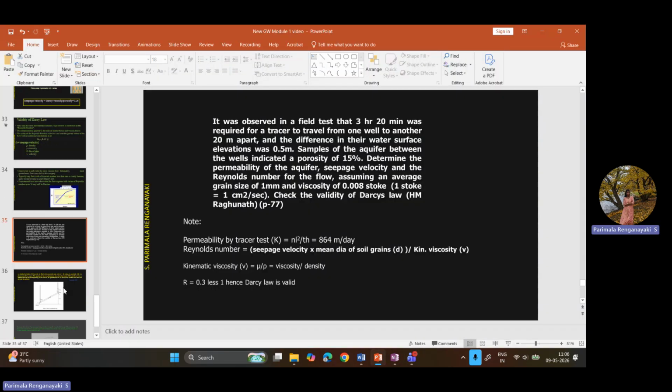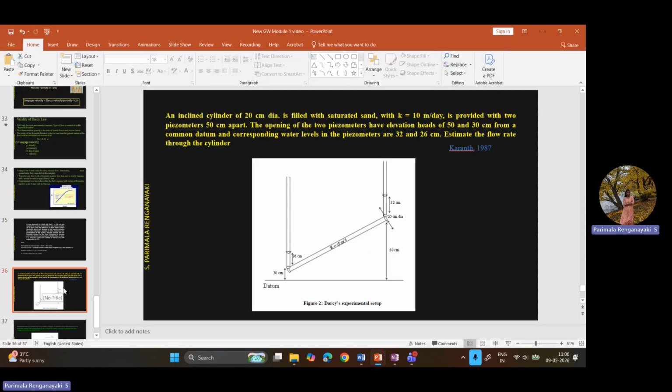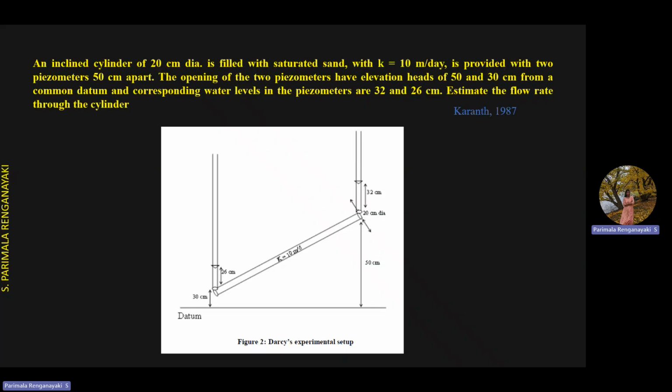So now let us do another simple problem, which is very easy. An inclined cylinder of 20 centimeter diameter is filled with saturated sand with K equal to 10 meter per day, and is provided with two piezometers 50 centimeter apart.